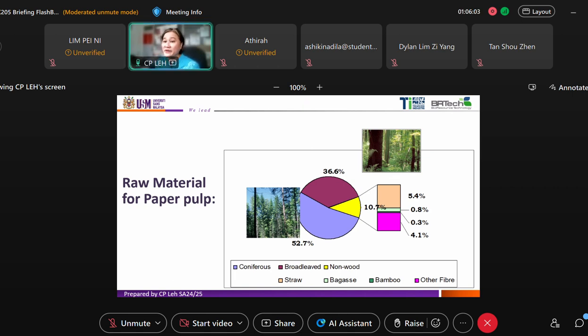Lignin is a macromolecule. Cellulose is quite linear, a linear type of molecule. We call that the cellulose chain.